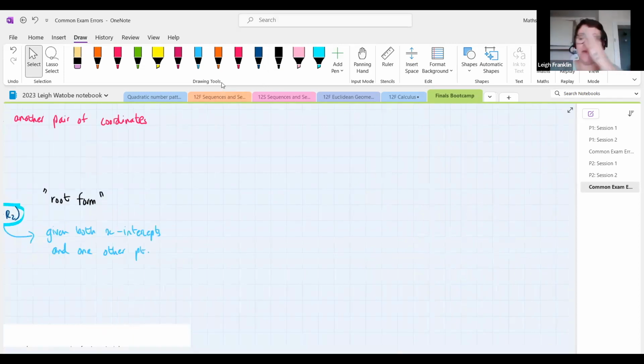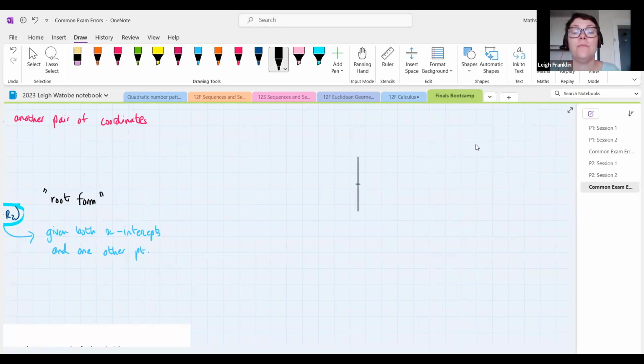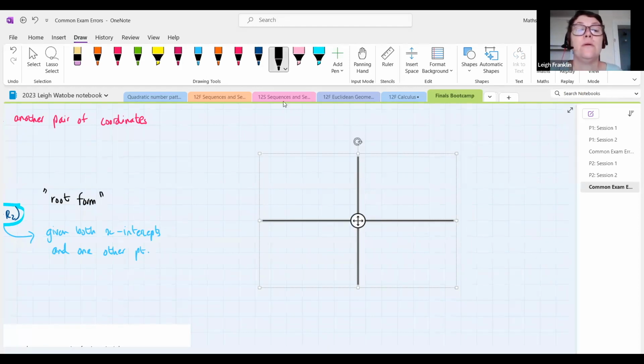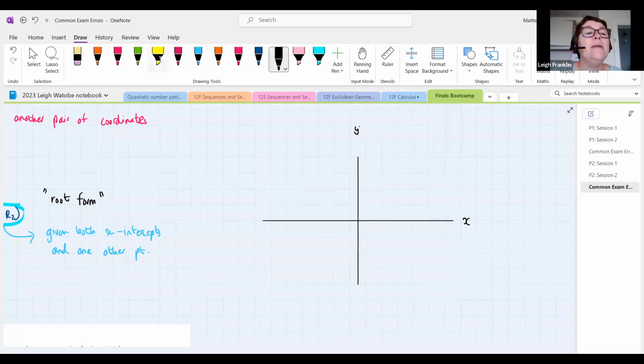There's just one specific thing that I want to remind you of. Okay, so let's draw ourselves a set of axes. Let's label that as X, and that is Y. And let's put our parabola.